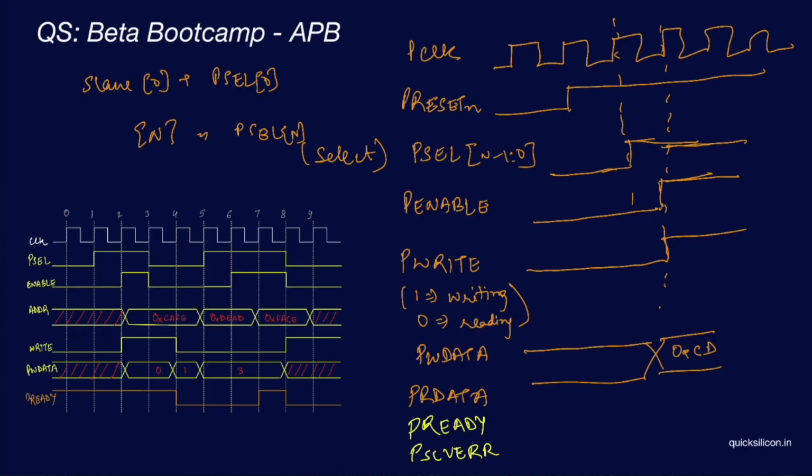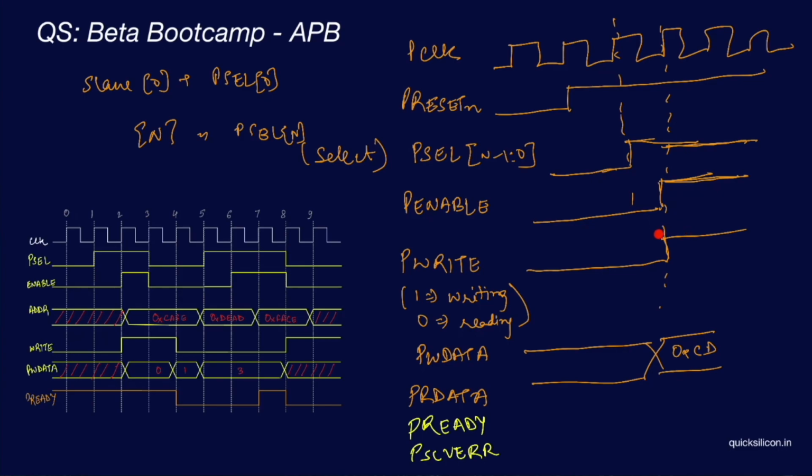So whenever you are in this particular phase, that is, you have your p sel asserted along with p enable asserted, at that particular time, all your other control signals should have reached a stable value.